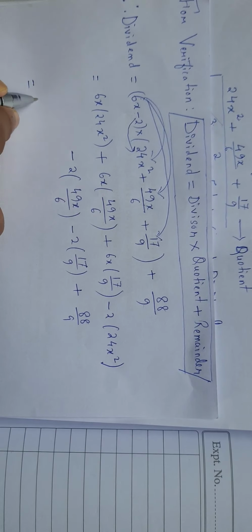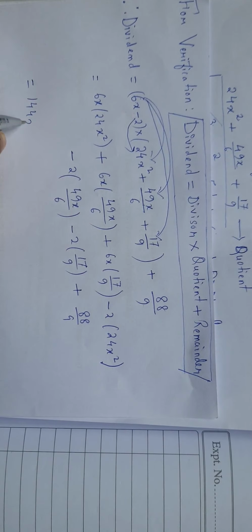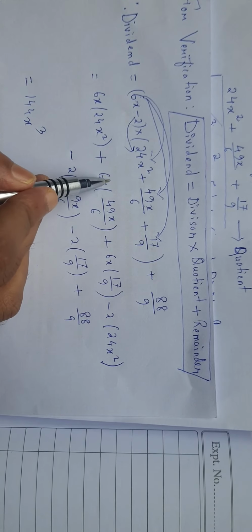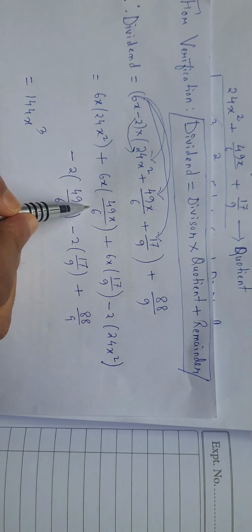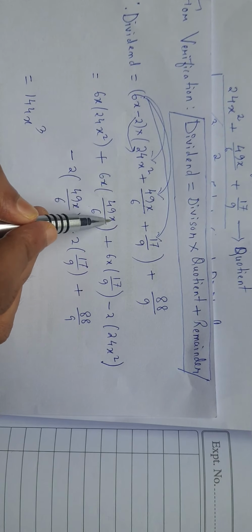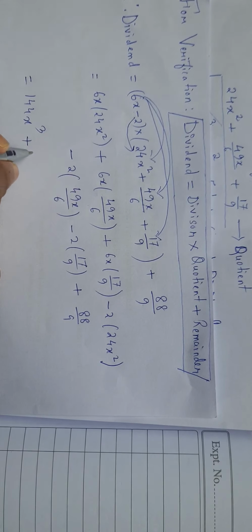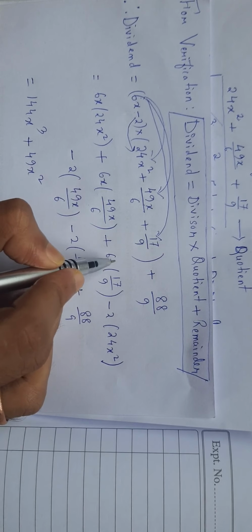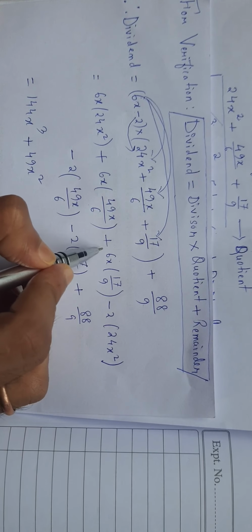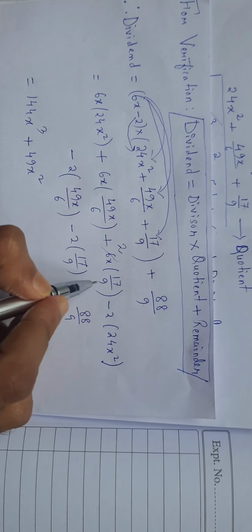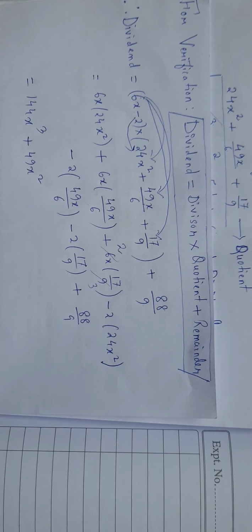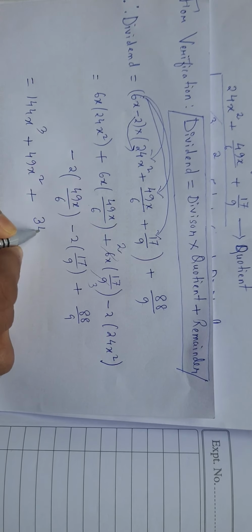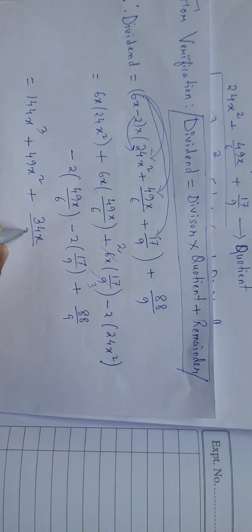6 into 24 is 144. x into x square is x cube. Here you will see this 6 and this 6 will be cancelled. So 49x into x is 49x square. Here you will see 6 and 9 can be cancelled, that is 3 2s are 6, and here you can write 3 3s are 9. So 2 into 17 is 34, so it will be 34x by 3.